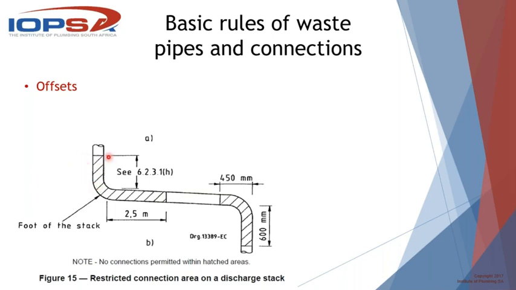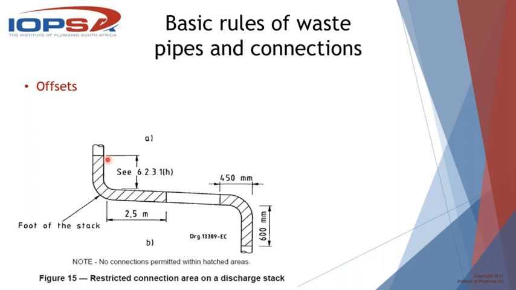Why is this though? Because when you have a body of water traveling down a vertical stack, all's well, it won't take up the entire bore of the pipe. You will be allowing air to flow past it in an upwards direction while the water is flowing downwards. But as soon as you start changing direction, now you create waves and disturbances in the flow of the water.